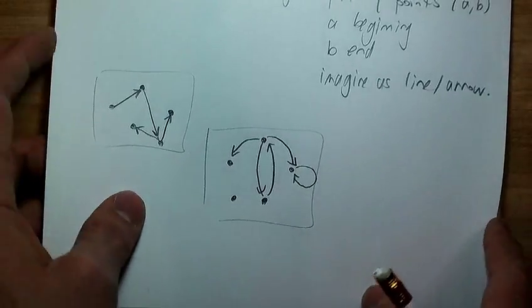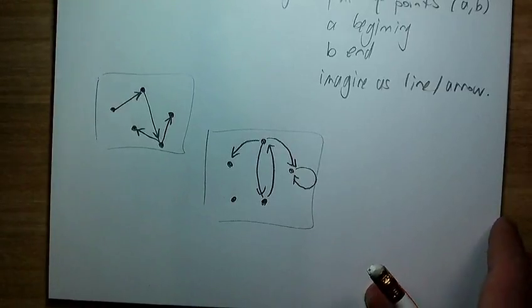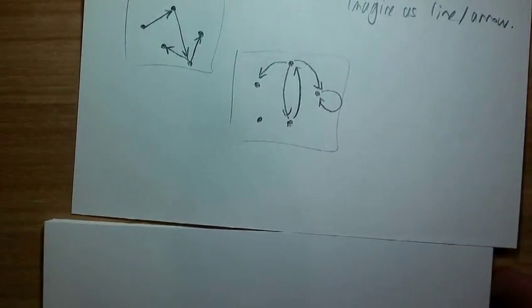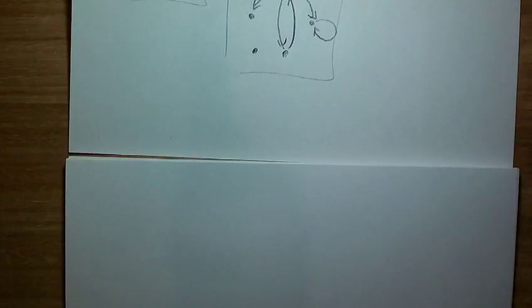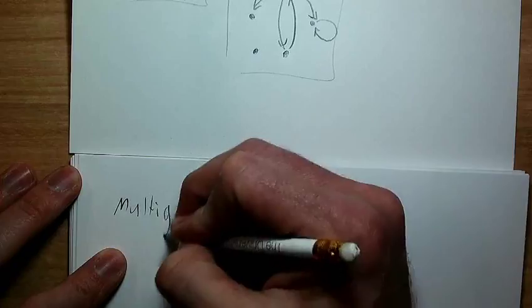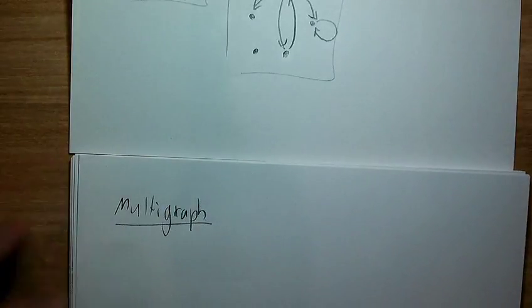I found it. The only reason that I can see that multigraphs appear in your course is so that they can use the bridges of Königsberg as their motivating example. Whatever. So a multigraph is like a graph, except that there's allowed to be more than one edge going from one point to another.